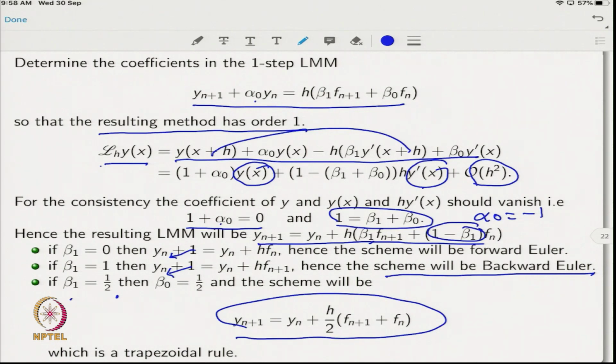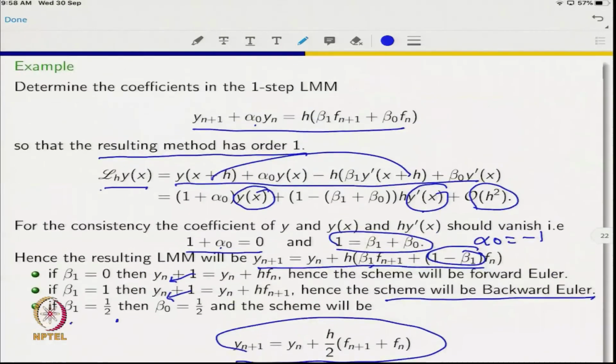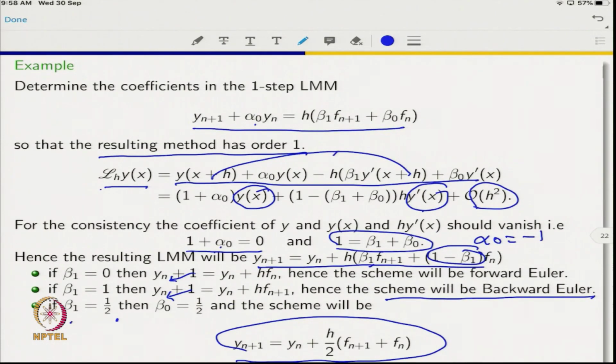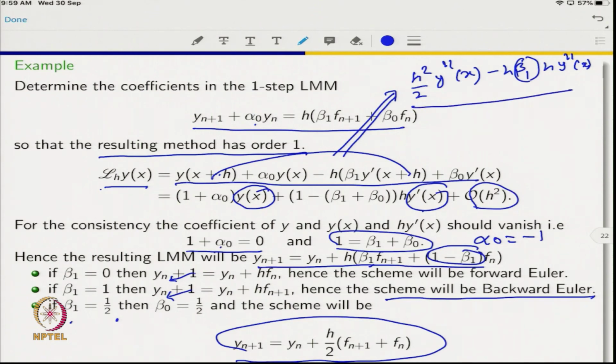And fortunately you will see if you expand this series and collect the terms of y dash x, one term will come from here. So, this will be h square by 2 y double dash x, and one term will come from here, h beta 1 h into y double dash x. So, if you substitute beta 1 is equal to half, both the terms will be cancelled.